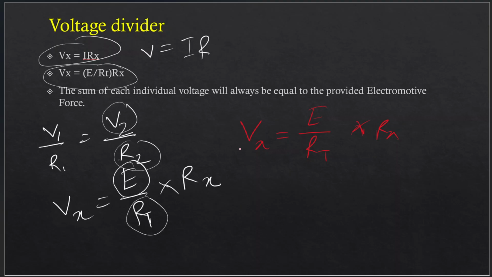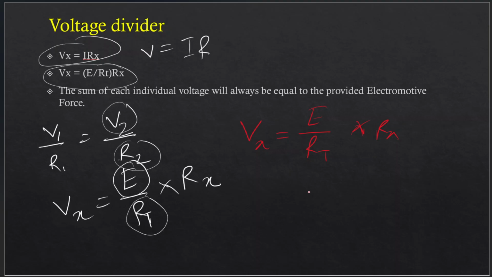Now why series circuit? Let's explain that. In a parallel circuit, the voltage is the same throughout all the resistors or all the loads. So if we have a mixed circuit where some resistors are in a parallel connection, all those resistors in a parallel connection will have the same voltage, but the resistors in series connection will have different voltage.